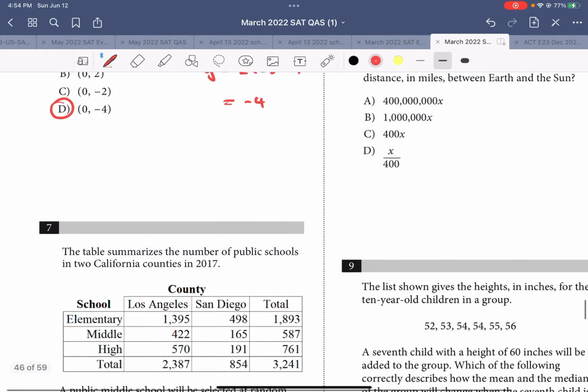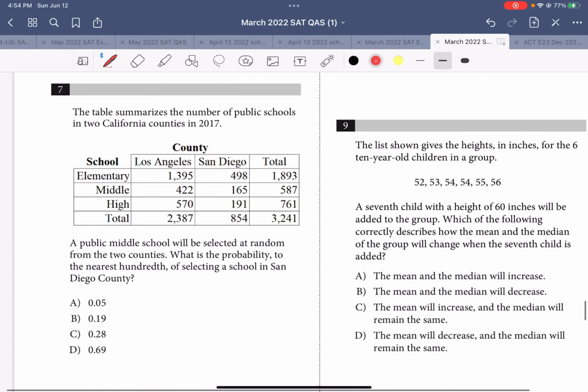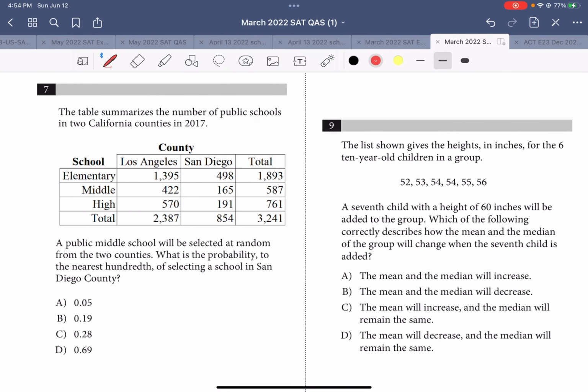Okay, number 7. The table summarizes the number of public schools in 2 California counties in 2017, Los Angeles and San Diego. Now a public middle school will be selected at random from the 2 counties. What is the probability, to the nearest hundredth, of selecting a school in San Diego County?